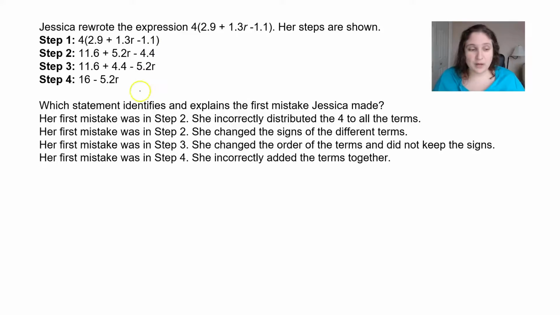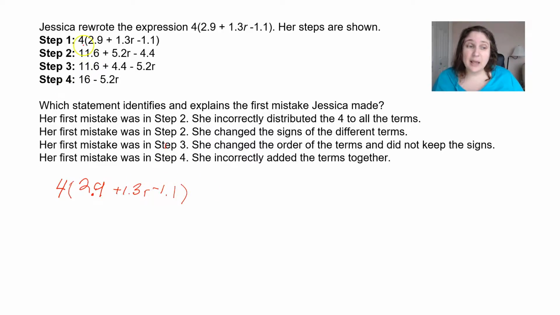Okay, so first we're going to solve it so we can see what the correct way to do it is. So we're going to rewrite it. Now, depending on who your teacher is, some of your teachers first have you distribute, and some of your teachers first have you simplify, okay?